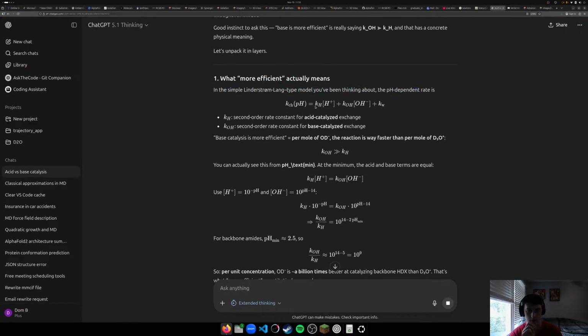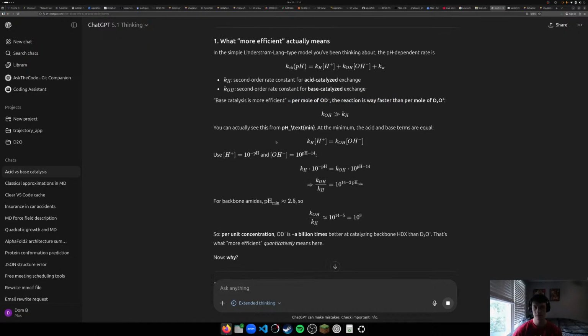Think about the pH. The pH dependent rate is this. Per mole of OD, the reaction is way faster than per mole of the acid. You actually see this from the pH curve.